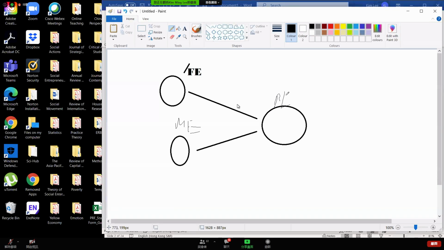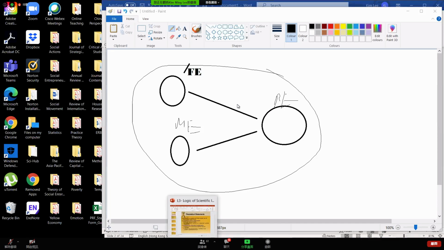From this simple graph, we can see what is involved in this theory. It is not the whole story of the status attainment model; in one of the tutorials, you will do it. Father educational level affects respondent educational level, and mother educational level affects respondent educational level. We have two theoretical statements, and we can call the whole thing a theory. So this is what it's about.